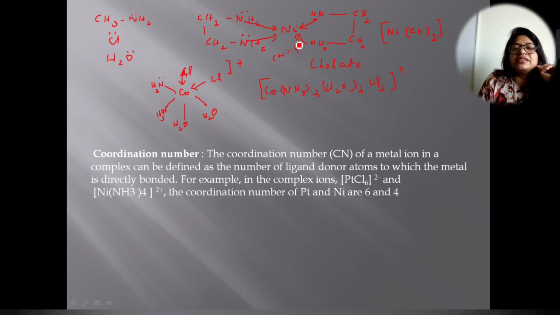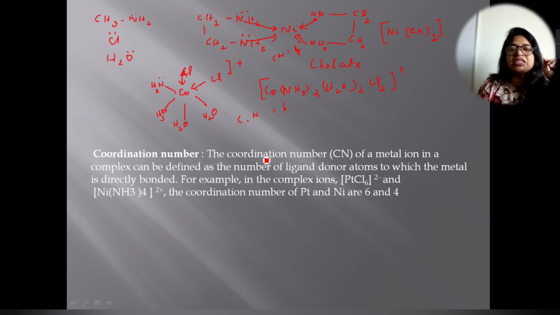In this case, how many ligands are there? How many bonds are there? 1, 2, 3, 4, 5, 6. 6 bonds. So in this case the coordination number is 6. Monodentate ligand means you can directly count the number of ligands. Bidentate means number of ligands into 2. Tridentate means number of ligands into 3.